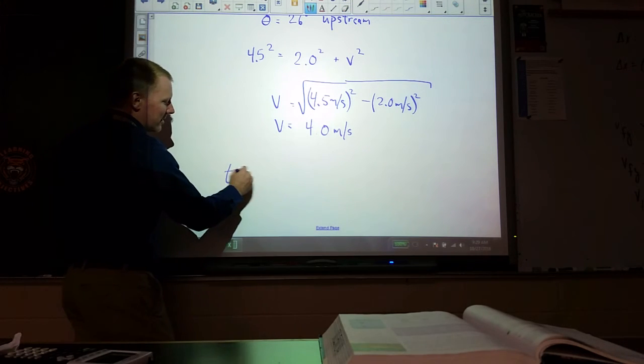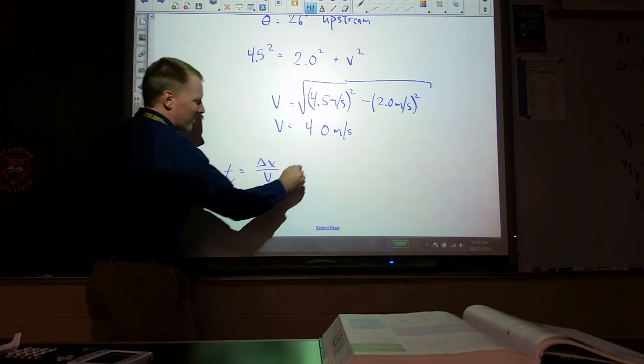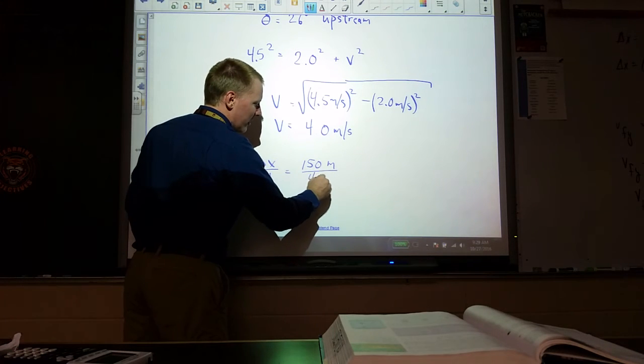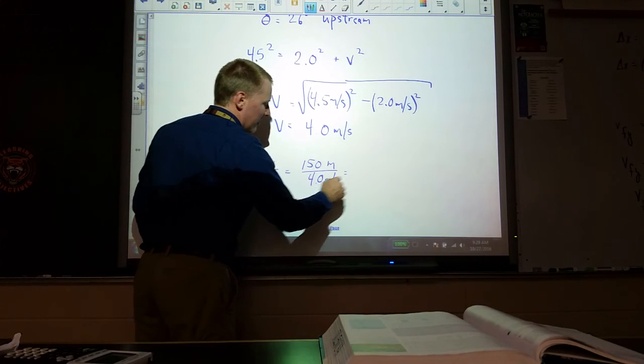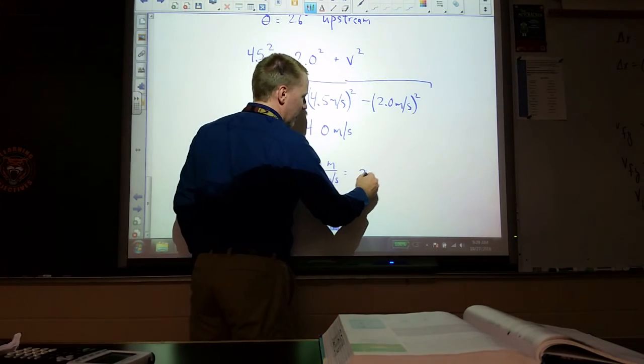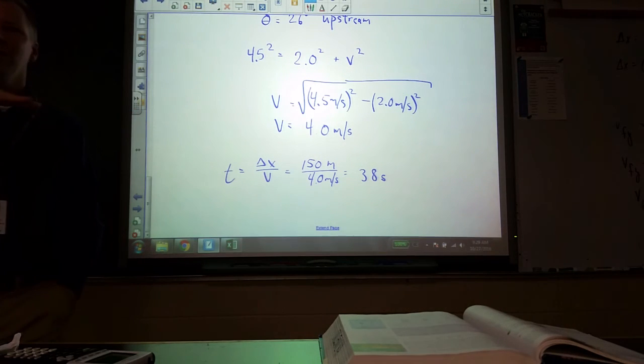Our time is equal to our delta x divided by v. I'm hurrying because we're almost out. 150 meters over 4.0 meters per second. It'd be 38 seconds. So it would take us a little longer, but then we wouldn't go downstream.